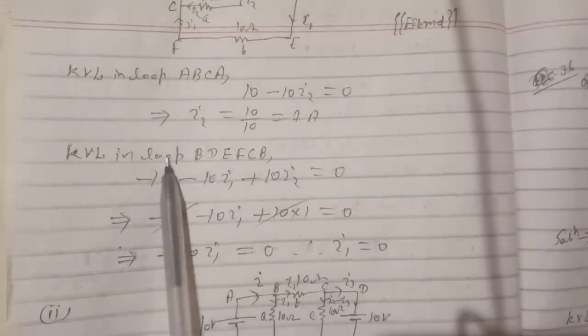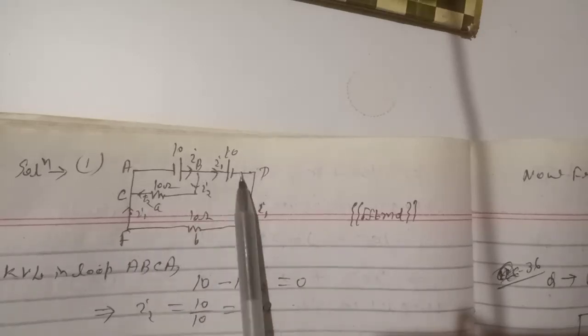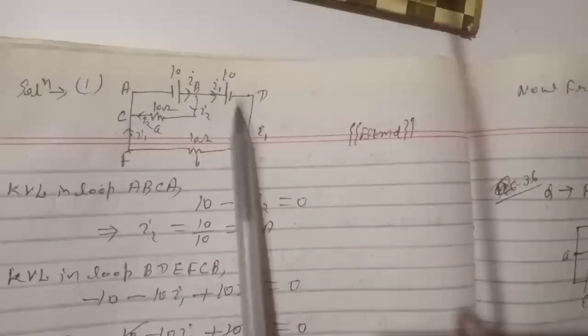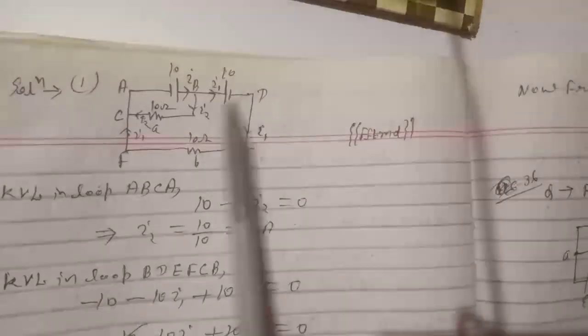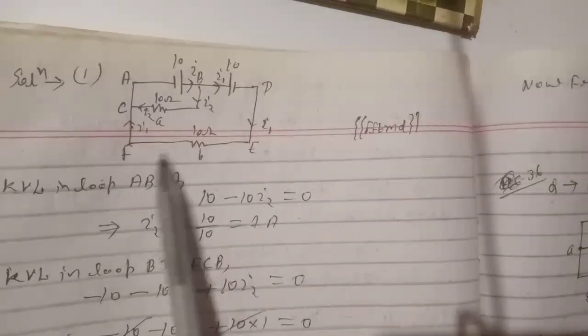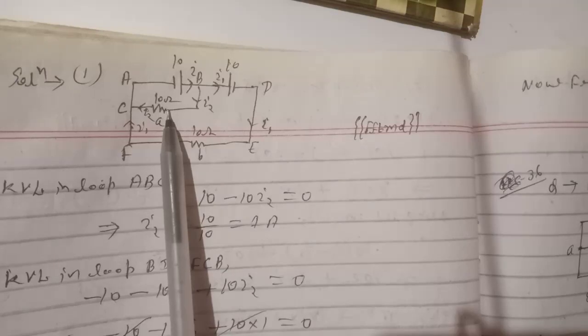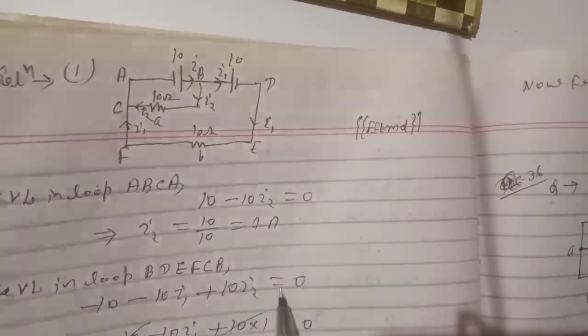Again KVL in loop BDEFCB, so it will be equal to minus 10, lower minus higher, minus 10. Again here minus 10 I1 because I1 is flowing, and again we are going, then plus 10 I2 equal to 0.